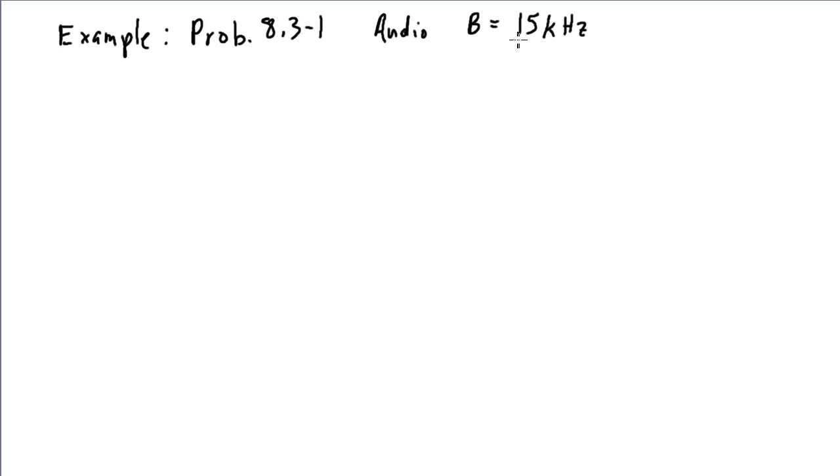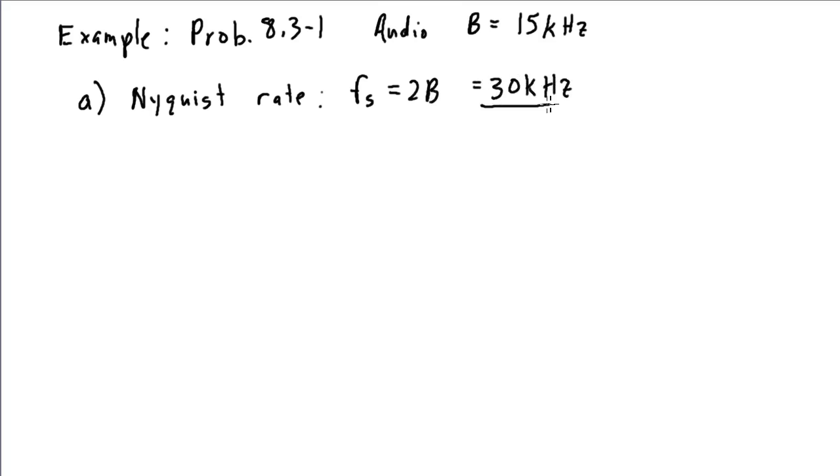So this is the spectral bandwidth, and then based on the spectral bandwidth, the Nyquist criteria gives us the required sampling rate. It's got to be greater than or equal to 2B, so 2 times B is the Nyquist rate. So we have to sample at a minimum of 30 kilohertz if we're going to recover the original audio signal. And so this is part A of the problem, find the Nyquist rate.